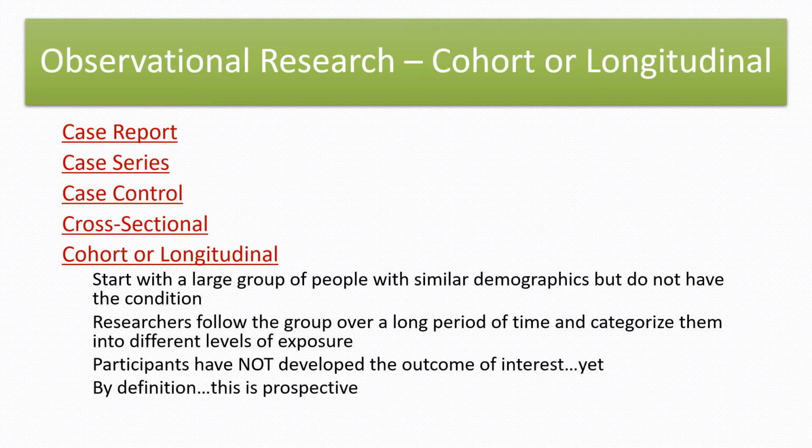They're gathering a tremendous amount of information about this group. The participants have not developed any outcome of interest as of yet, but they're just following them to see what happens, what types of lifestyle habits may create certain outcomes in a specific population. By definition, these are prospective because you're following that group over a period of time.